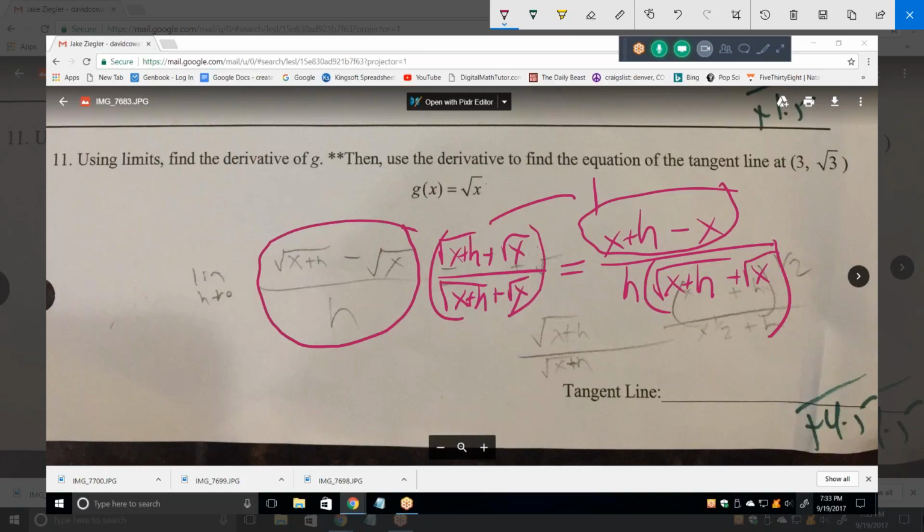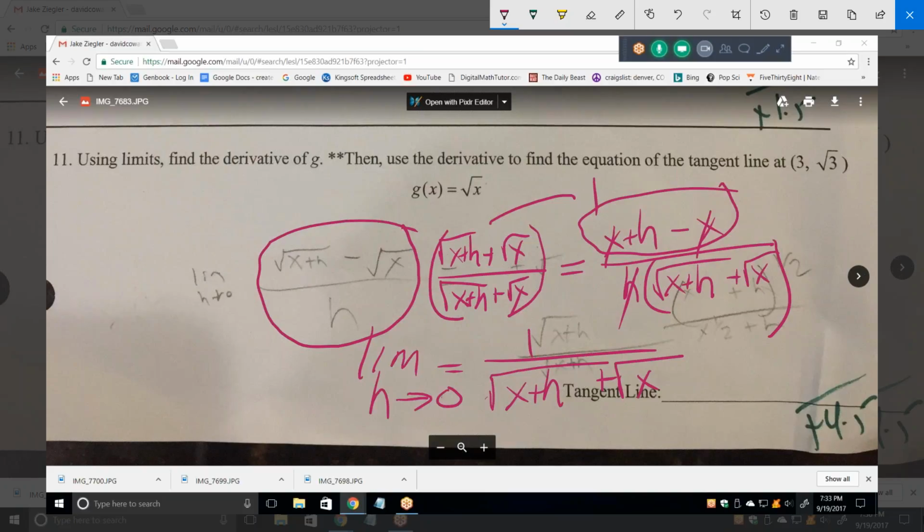Okay. So now that h, you'll notice, cancels with that h. So what we're left with is 1 in the numerator. In other words, the x is canceled, and the h cancels with that h. In the denominator, we still have the square root of x plus h plus the square root of x. Well, what is the limit of this as h goes to 0?